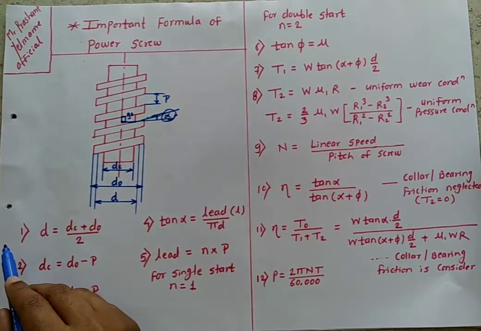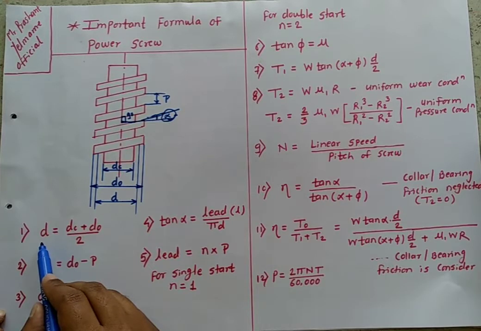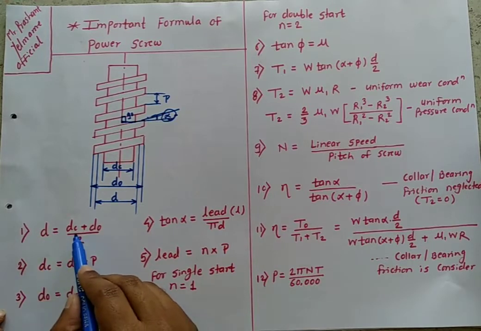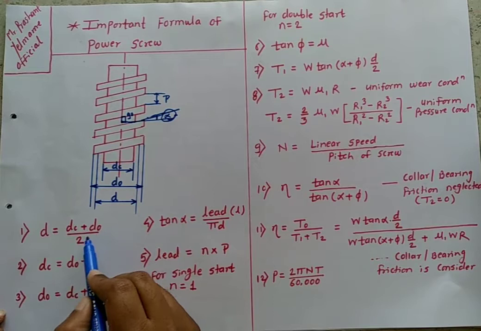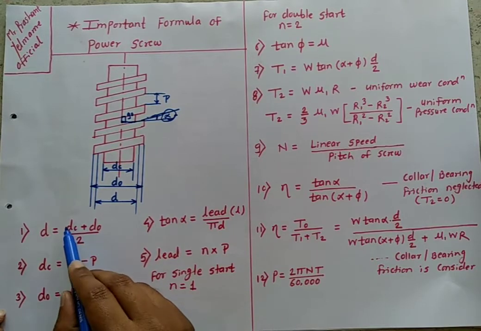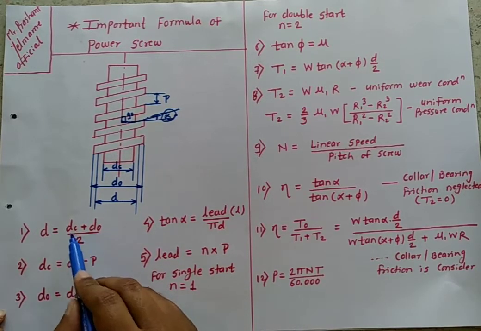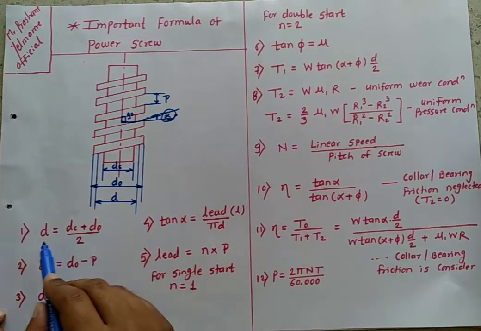Then our first formula is mean diameter, which is represented by small d. Small d is equal to dc plus do divided by 2, meaning the average of core diameter and nominal diameter, that is the main diameter.